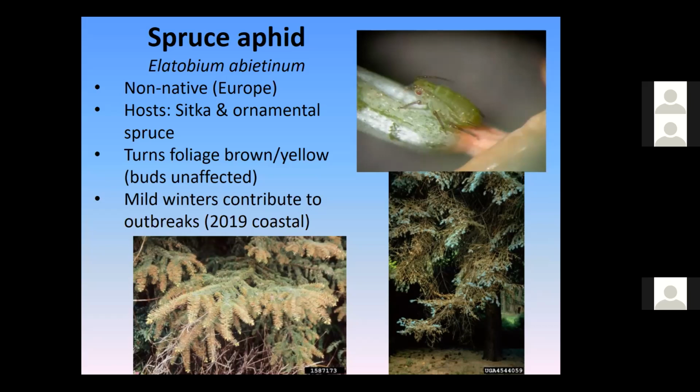On the coast in 2019, if you spend any time around like ocean shores, Willapa Bay, pretty much anywhere around that area further north, I think, the Sitka spruce had this horrible brown color. It was worse in the older foliage. So this photo on the lower left there kind of looks like that, but the new buds here hadn't flushed out yet.